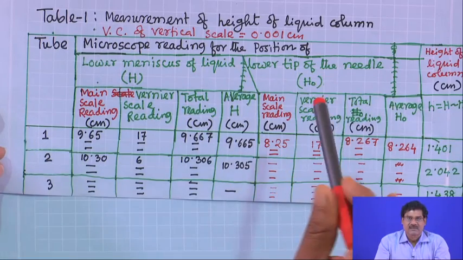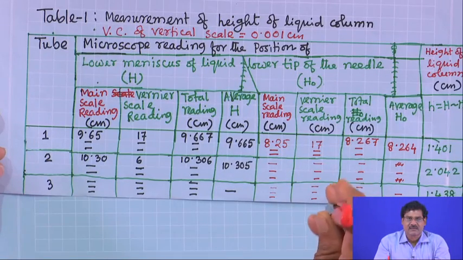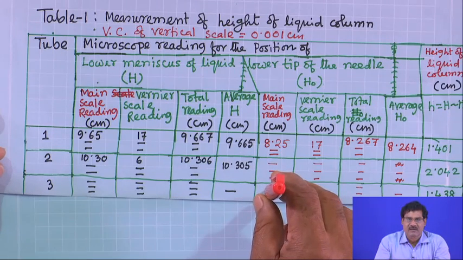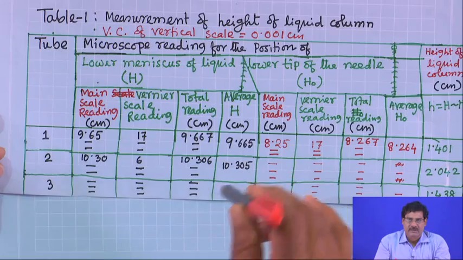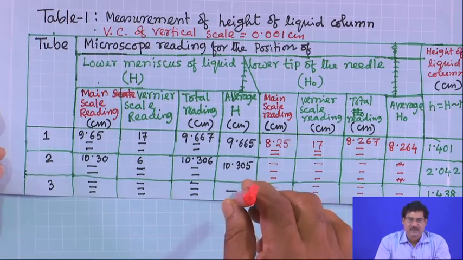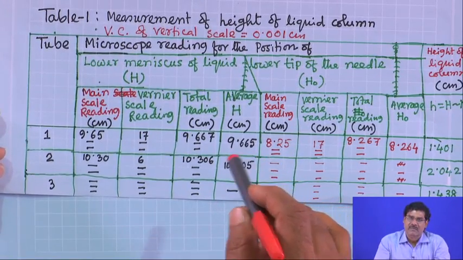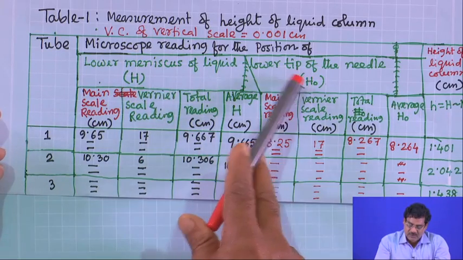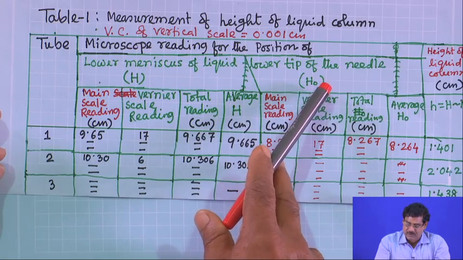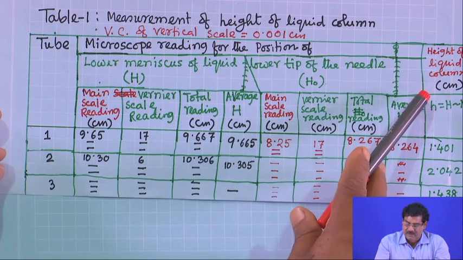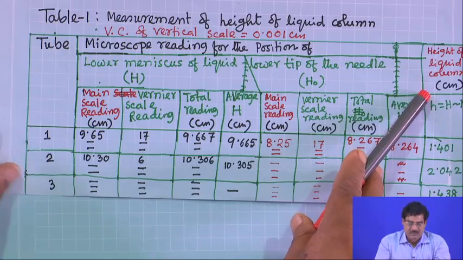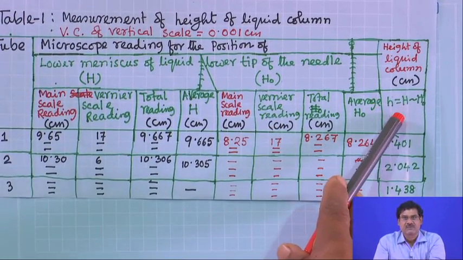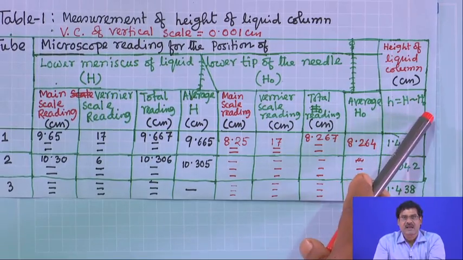The needle tip is just touching the surface of the water of the beaker where we inserted the capillary tubes. If this is H 0, then the height of the water column will be H equal to the difference between H and H 0.